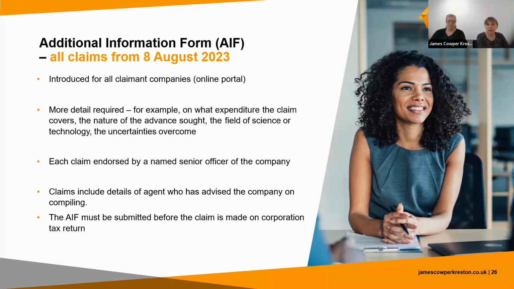And additionally, they want the name of someone, the senior officer at the company. So really ensuring that the company takes ownership of what's gone in the claim. And also, if you've had an R&D agent, a firm of accountants such as ourselves assisting with the form or submitting the form on your behalf, then the name and details of the R&D agent.